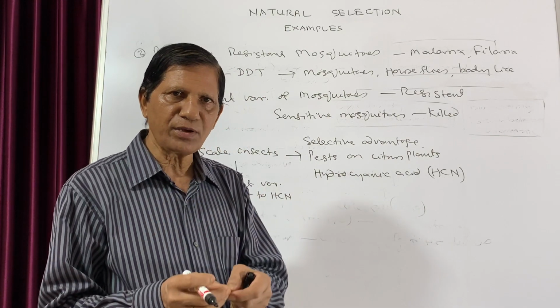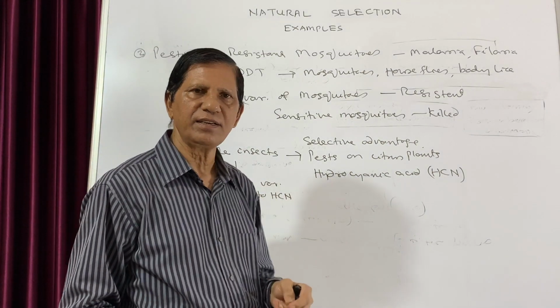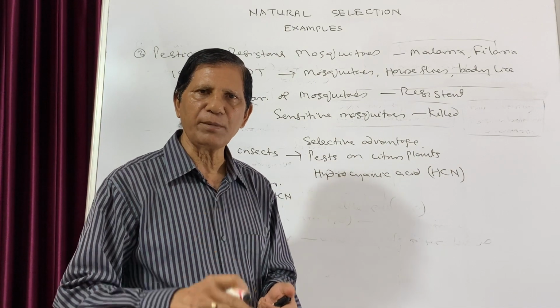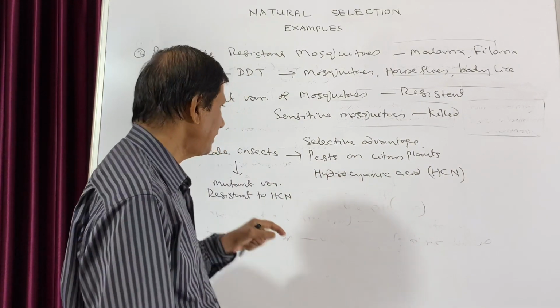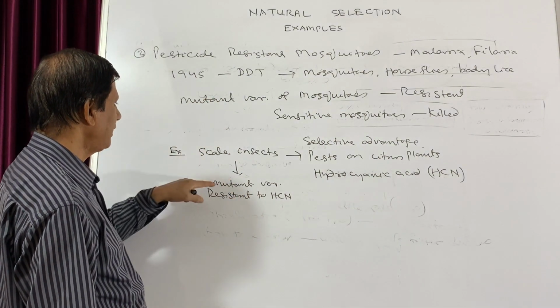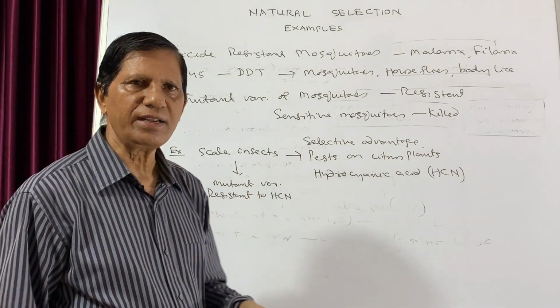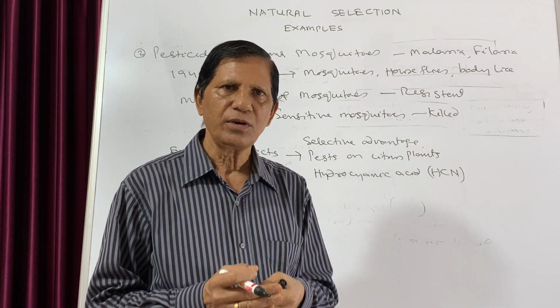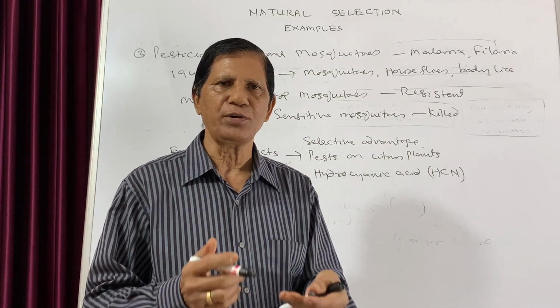And the smaller number of scale insects which were resistant to hydrocyanic acid rapidly multiplied themselves, so they became dominant. So these are the two examples, one with scale insects and the other with mosquitoes, and they are good examples of how pesticide resistant organisms are produced.